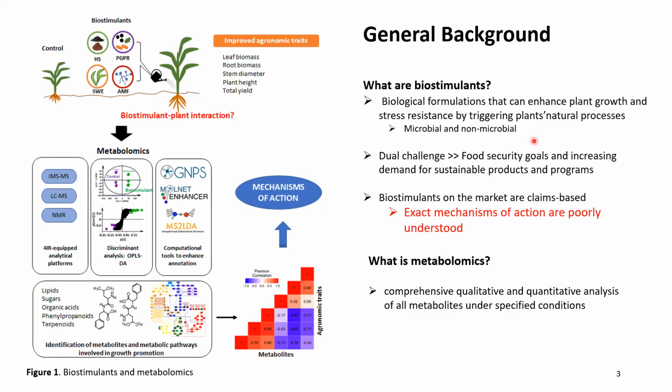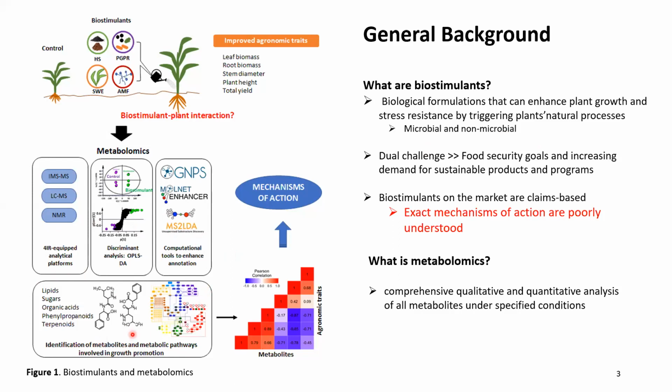This field has grown exponentially over the years with advancements involving 4IR-equipped analytical platforms, chemometric modeling, as well as computational tools such as molecular networking. Molecular networking in particular, which I will be focusing on in this presentation, has completely revolutionized metabolite identification, which is one of the major bottlenecks in metabolomics.